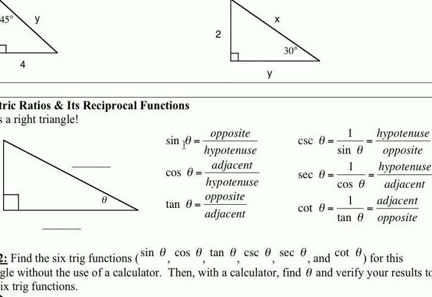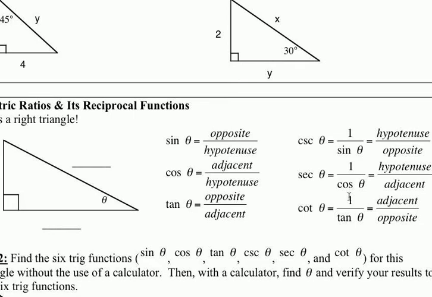So sine is defined as the opposite side over the hypotenuse. Cosine is defined as the adjacent side over the hypotenuse. Tangent is defined as the opposite side over the adjacent side. Cosecant is the reciprocal of sine. Secant is the reciprocal of cosine. And cotangent is the reciprocal of tangent.